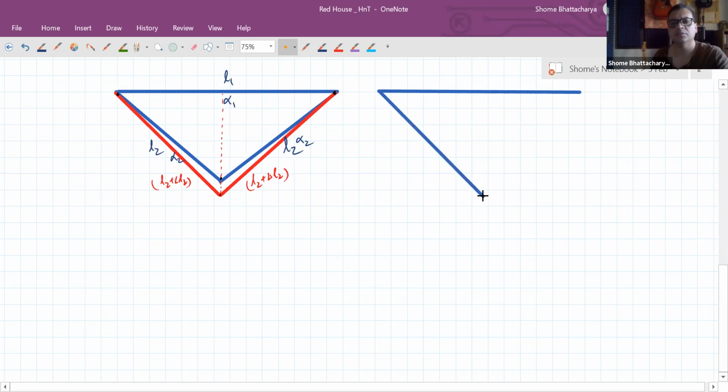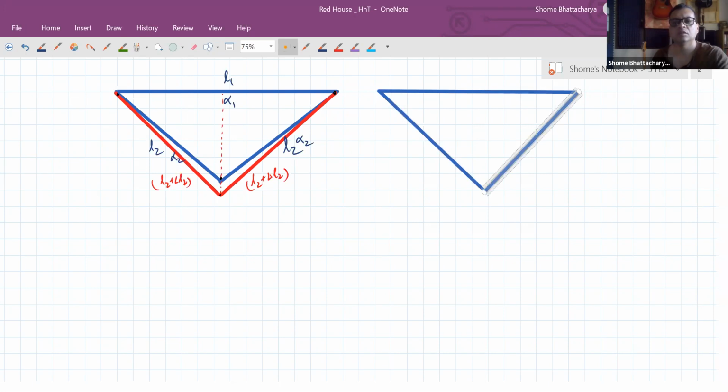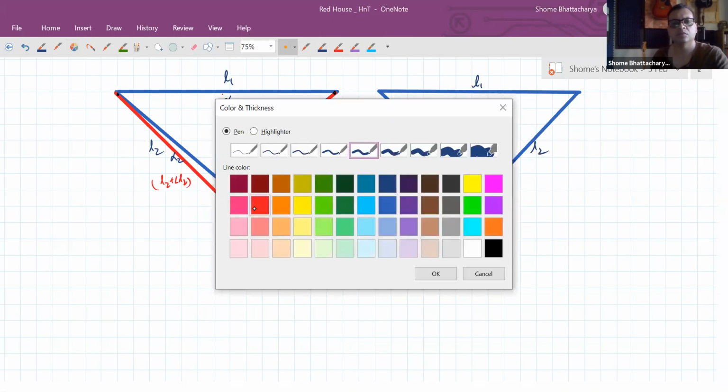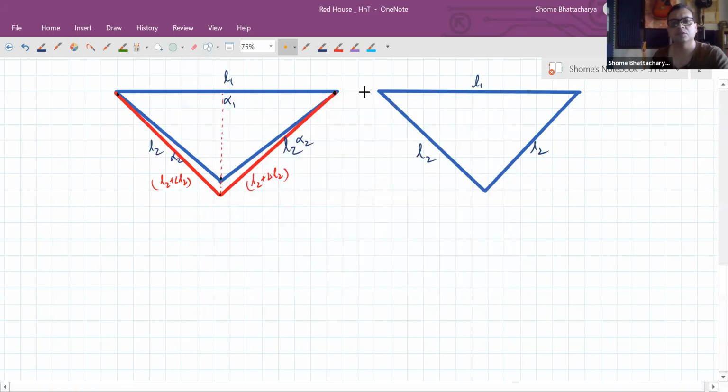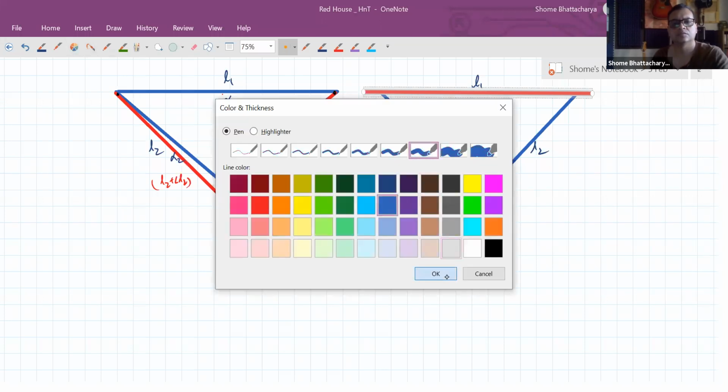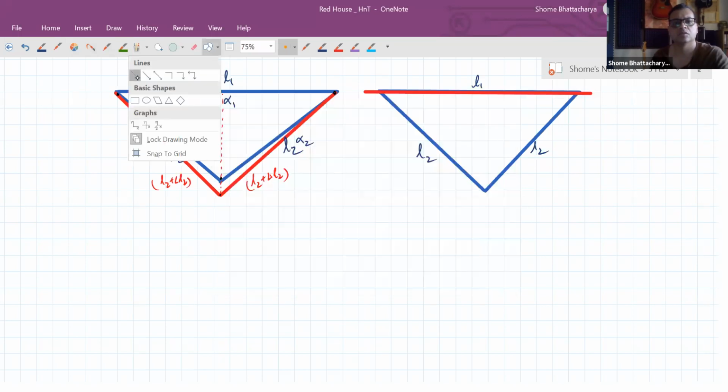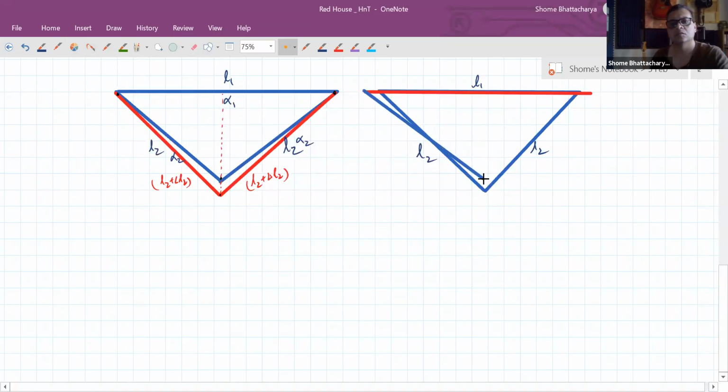So if from this original shape we expanded the length of the base of length L1, keeping the other two the same, then thermal expansion of this one would result in this kind of a situation occurring. The height would tend to decrease.